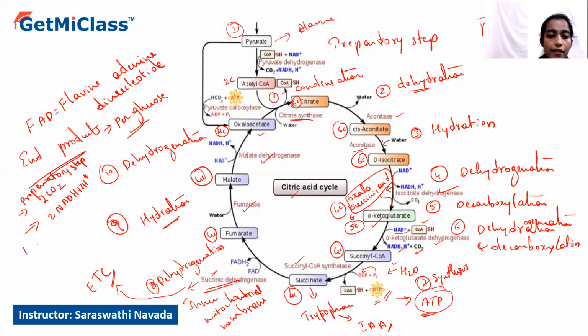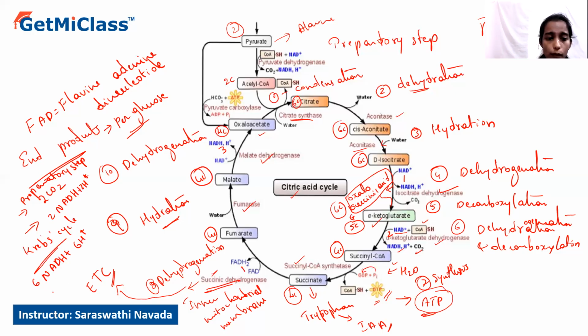And coming to the end products of the Krebs cycle, totally we'll get 3 molecules of NADH for 1 pyruvic acid. As we are calculating per glucose molecule, we'll get 6 molecules of NADH plus H plus. Similarly, 1 FADH2 is formed here for 1 pyruvic acid.